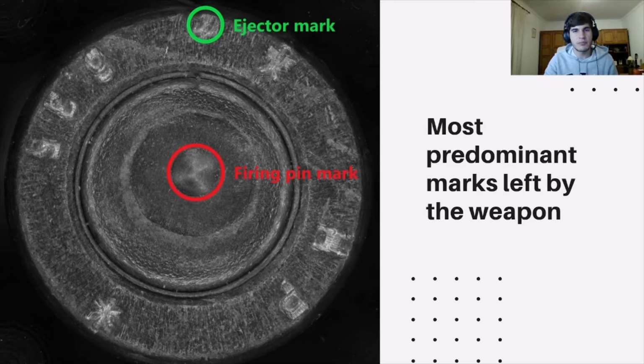Both of them are very predominant in the casings, especially the firing pin, which is always present in the casing. And these marks can work like IDs, like fingerprints for each gun model, because every gun model will have slightly different parts, and each part is going to leave a slightly different imprint. So this is what we're relying on to be able to do this identification.